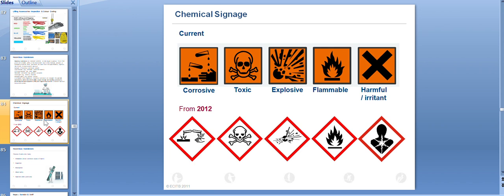So for handling, the storekeeper must be aware of what kind of chemicals they have. They must properly segregate them, because some chemicals interact with each other and increase heat, and fire or explosion can happen.